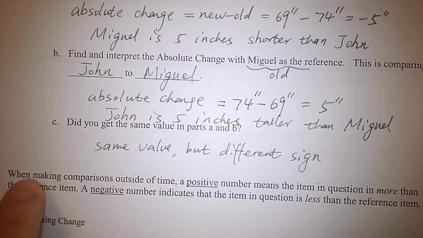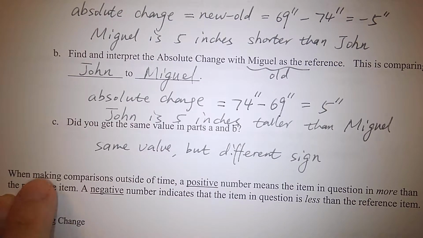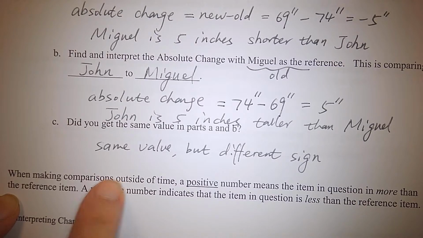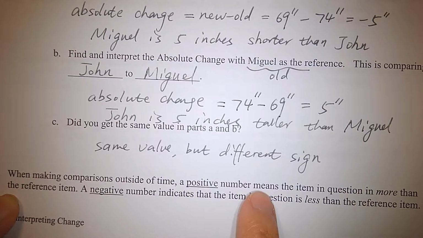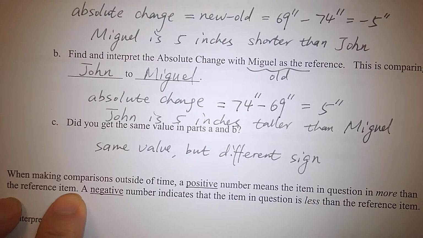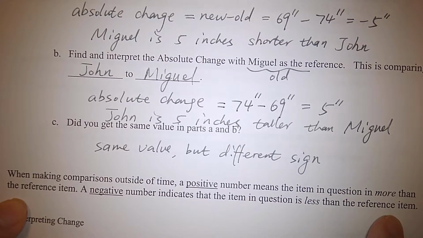On the bottom of this page, I also want to read this short paragraph, okay? We will make comparison, okay? A positive result means the item in question is more than the reference item, okay? A negative number indicates that the item in question is less than the reference item, okay?